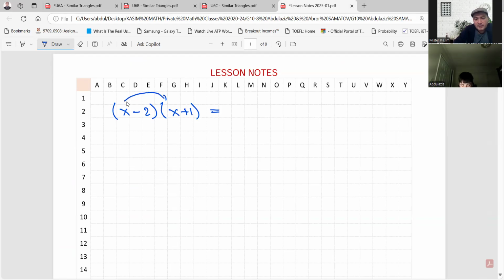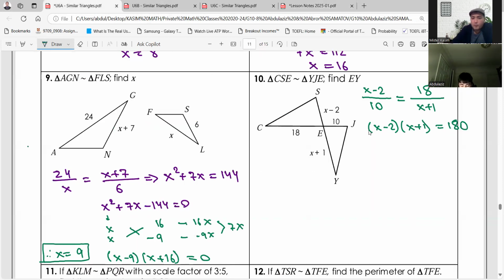Multiply x by x and x by 1. So that is x squared plus x. And next term by x and by 1. Negative 2 times x, negative 2x. Negative 2 times 1, it is negative 2. And simplify. Here, x squared minus x minus 2, right? Yeah. On the right-hand side, Abdulaziz, we have 180.